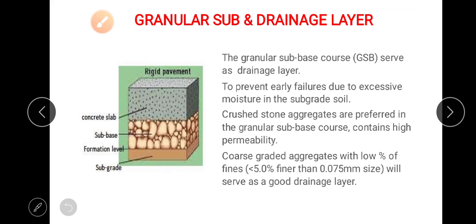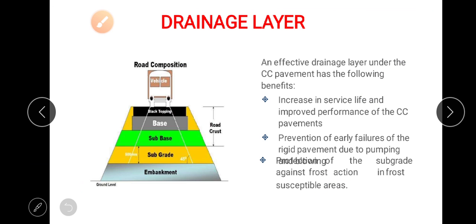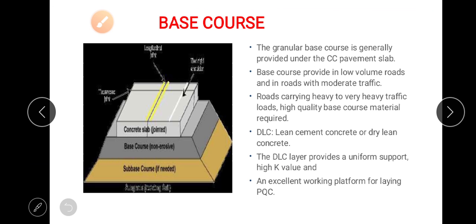Granular subbase and drainage layer, all these are covered already. Base course: the granular base course is generally provided under the CC pavement slab. Base course is provided in low volume roads and in roads with moderate traffic.